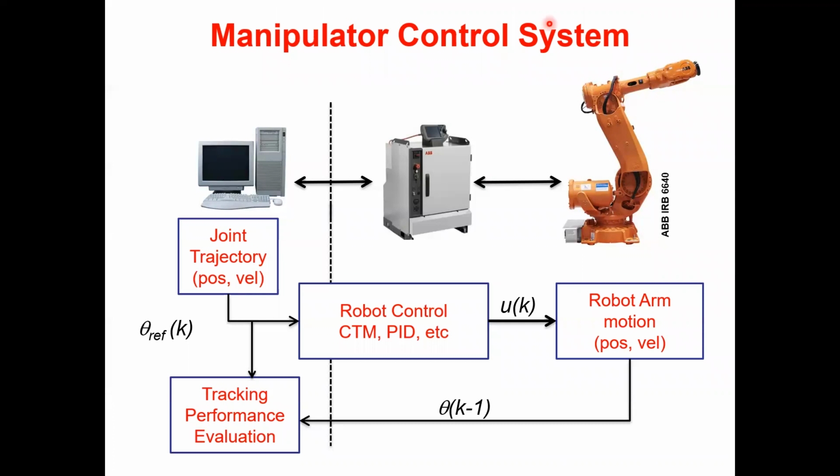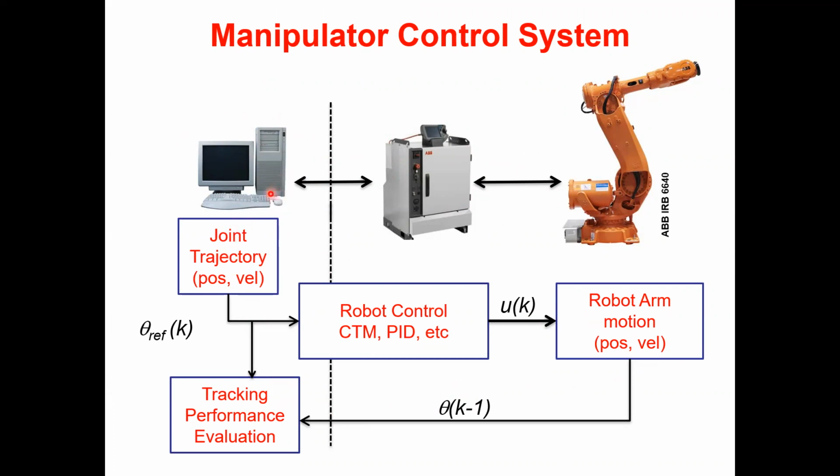Right. So now let me show you this block diagram, which explains a bit more about the control loop. We have the trajectory planner or the reference input generator, the servo controller, and the robot. These are the three pieces, and this is how the whole system operates.